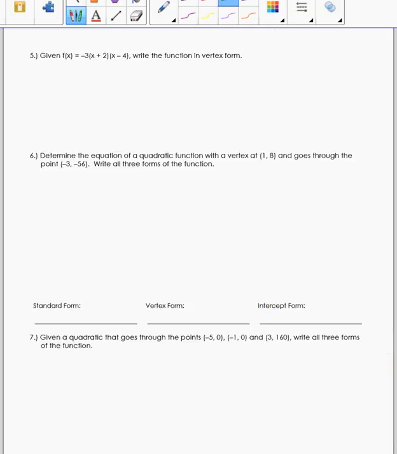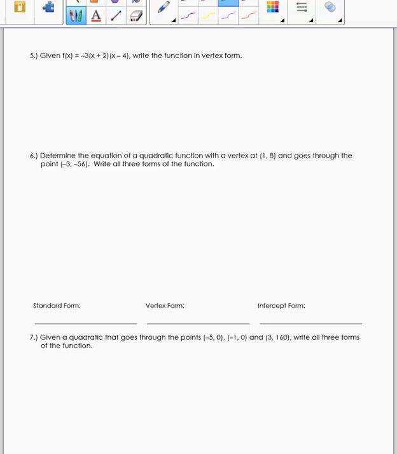We have f of x equals negative 3 times x plus 2 times x minus 4. So that's in intercept form, and we want it in vertex form. So you could do a couple things here. You could put it in standard form and multiply it out, and then complete the square to get it into vertex form.